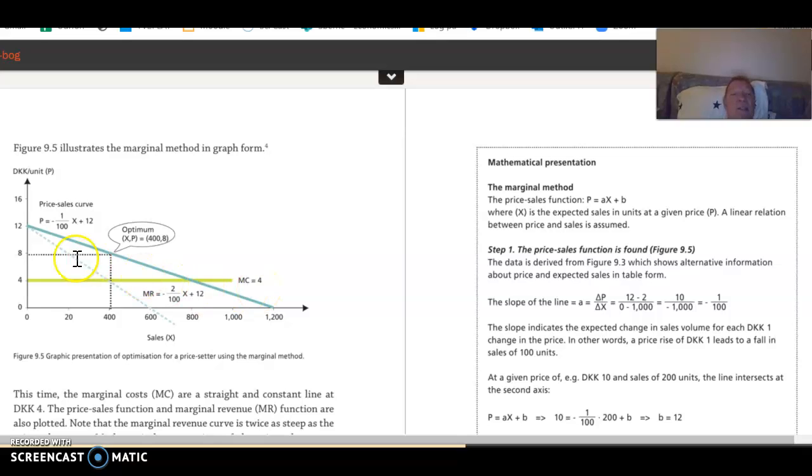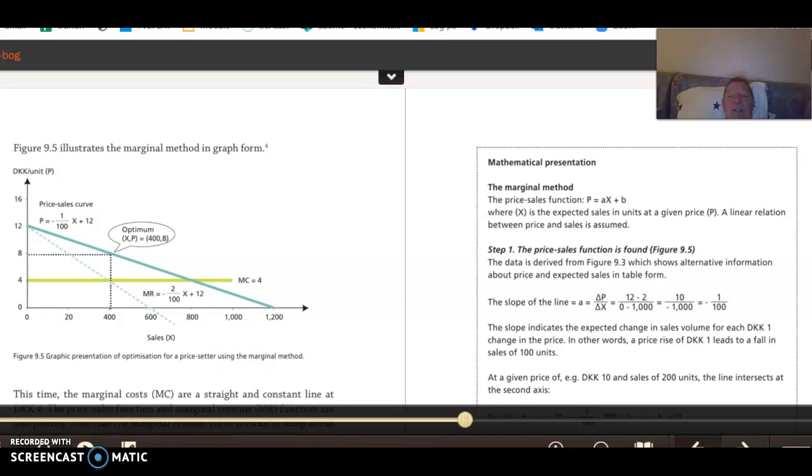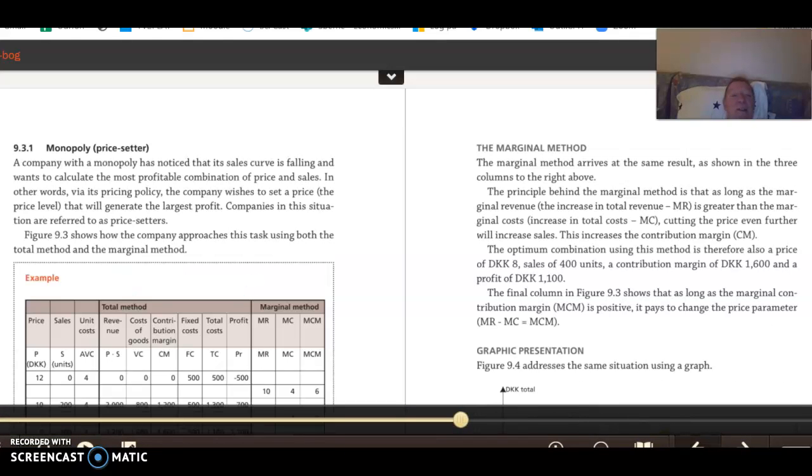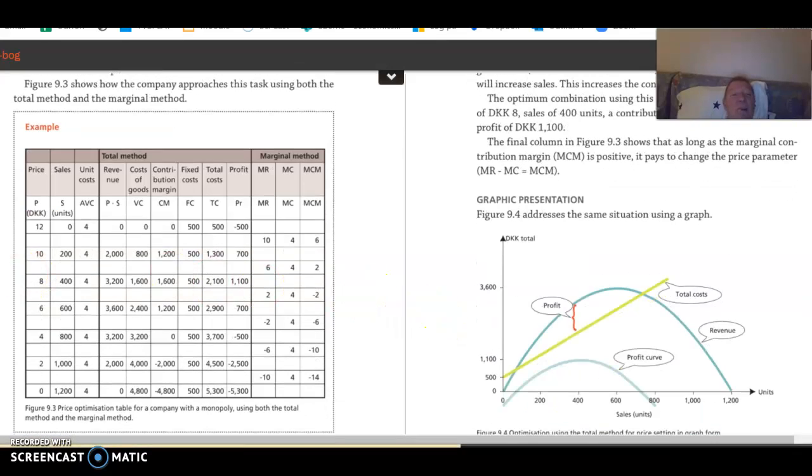And in this case, they have taken this point, 12, 0, and 2. And if you have a price of 2, it's not shown here, but at the price of 2, you have a sale of 1000 units. You can see that here in the table, 12, 0 to 1000.